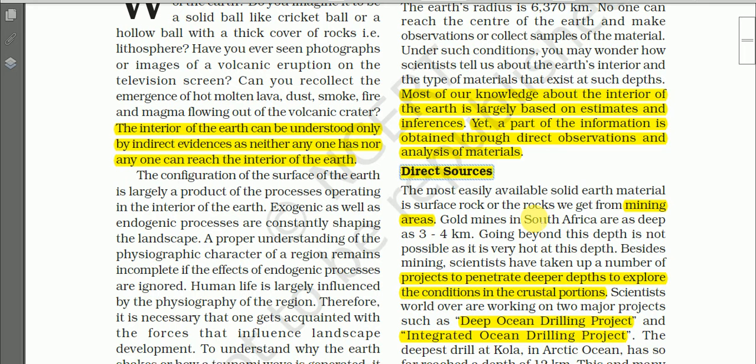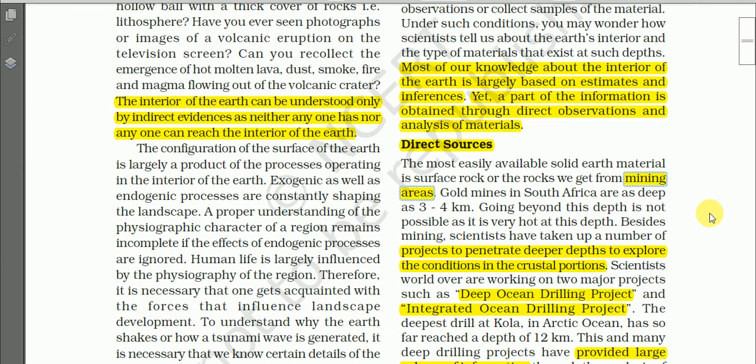The first important direct source is mining. From the mining areas we get different types of rocks, and we also know the nature of these materials. So this is one of the most important sources of information about the Earth interior.